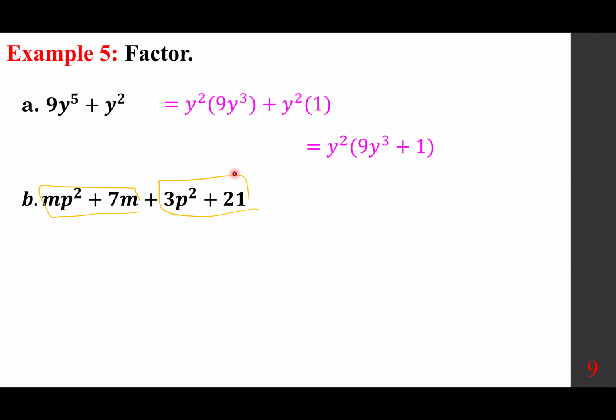So first start with the first two and combine them in the following manner. The idea is to take a common factor out such that they both have the same common factor. We notice we can take out the m from here, which results in m times p squared plus 7.